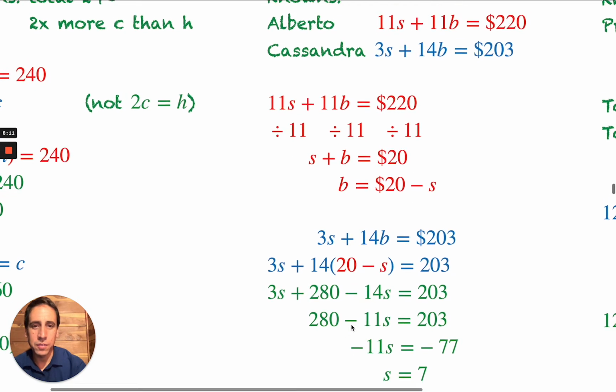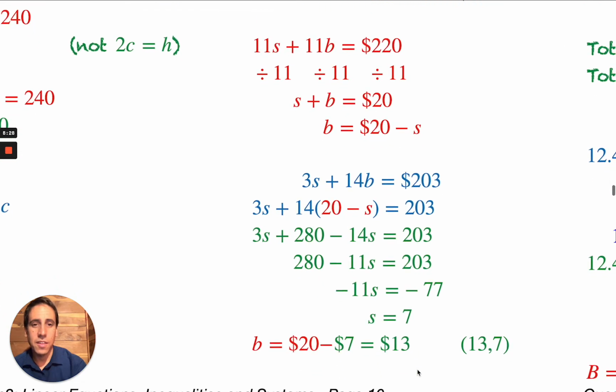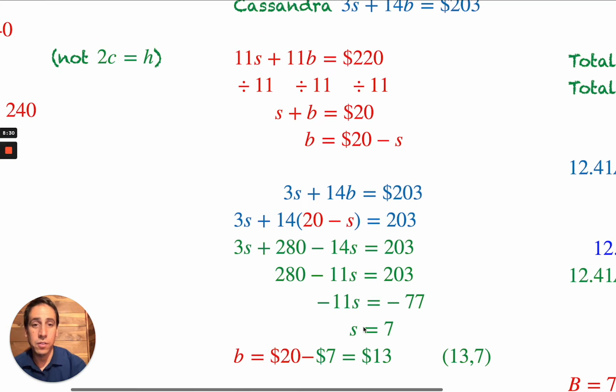So it might be easier to visualize why you should subtract 280 first from both sides if you split this up, or think about this as 280 plus negative 11S. So then you undo that addition by subtracting 280 from both sides. Dividing both sides by negative 11, you get this, and so S is equal to 7.